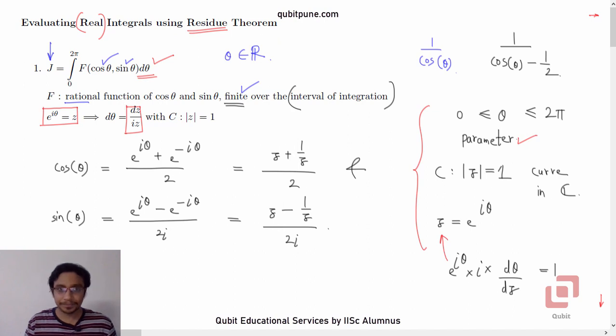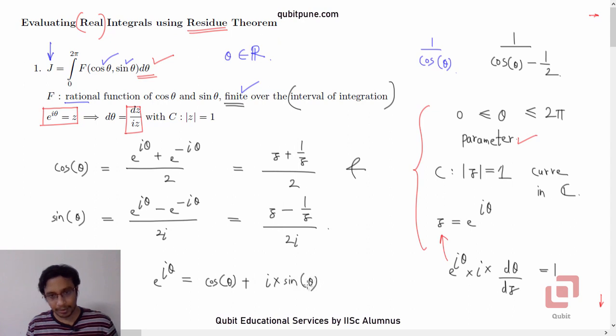It's very simple. Use Euler's formula. e to the power i theta is cos theta plus i into sin theta. By eliminating sin theta, the formula for cos theta would be e to the power i theta plus e to the power minus i theta upon 2, or z plus 1 upon z divided by 2.